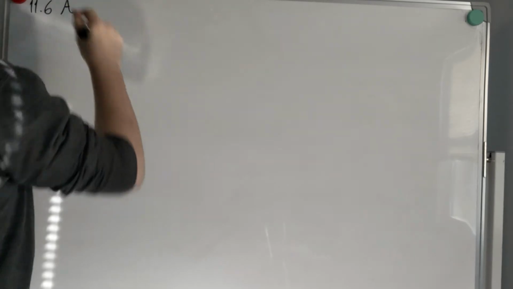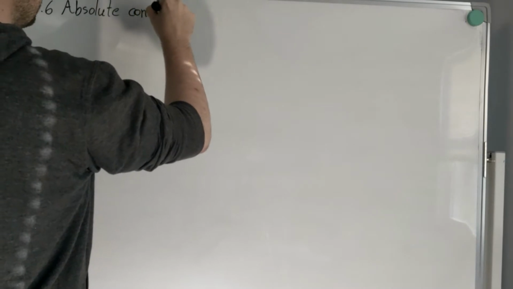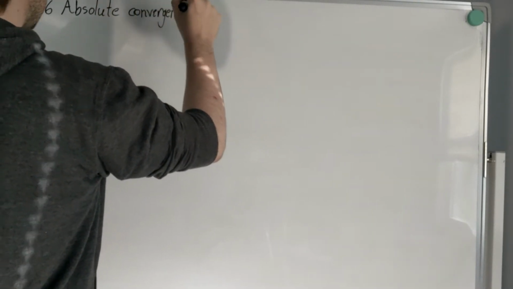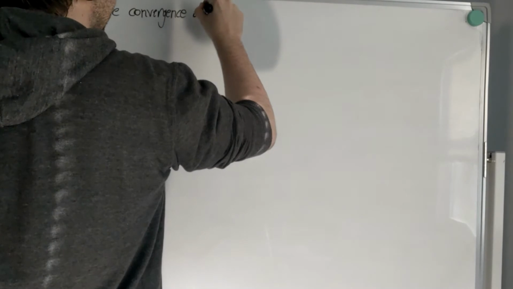So in 11.6 we're going to talk about a tool that can be used to determine the convergence or divergence of series which are not necessarily positive, which might also not be alternating. So this is called absolute convergence, and the ratio and root tests.